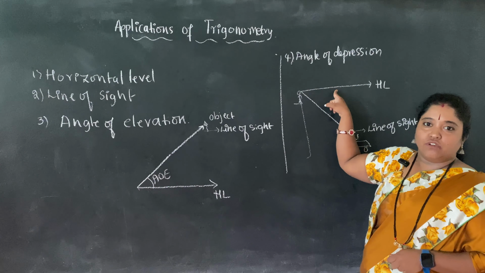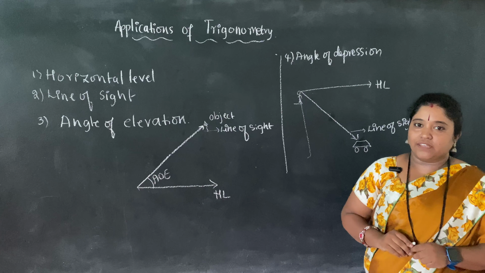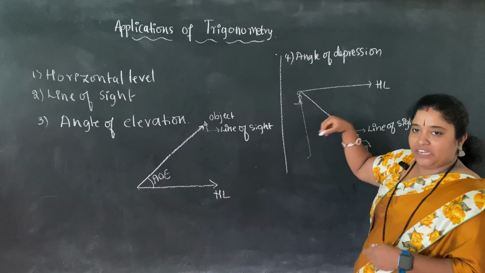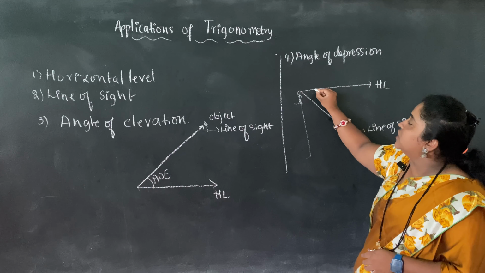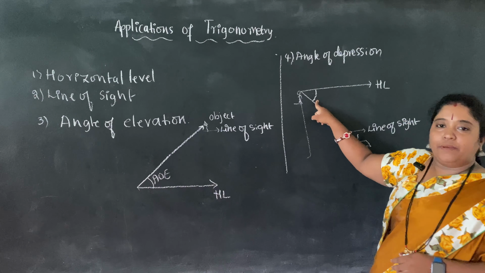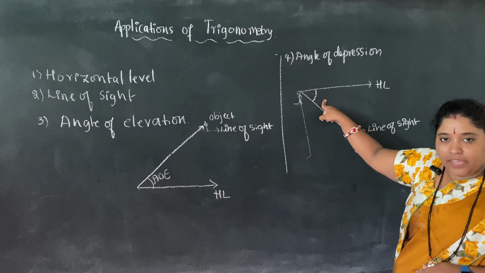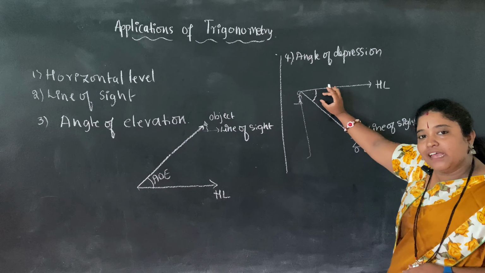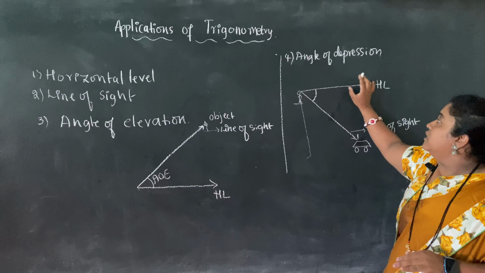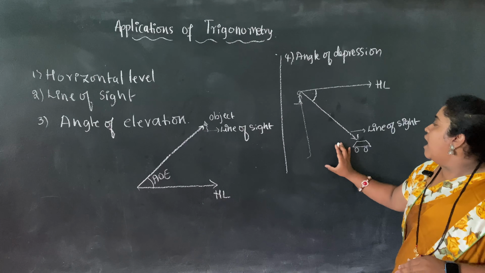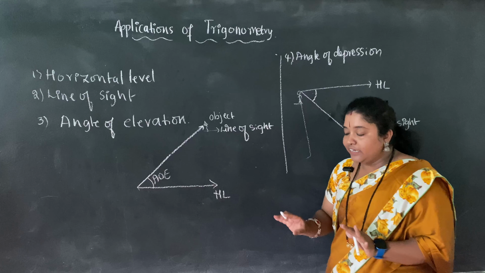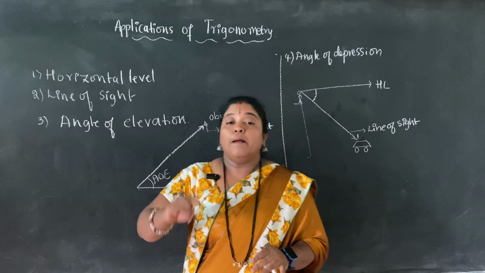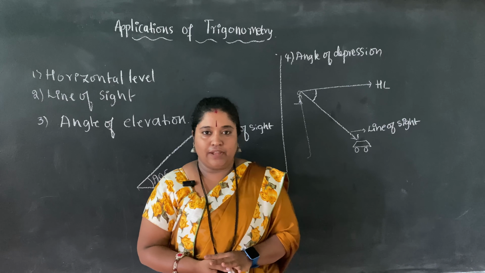This is the horizontal level, this is the line of sight. And the question is, what is angle of depression? The angle of depression is the angle between the horizontal level and the line of sight when the object is below the horizontal level.